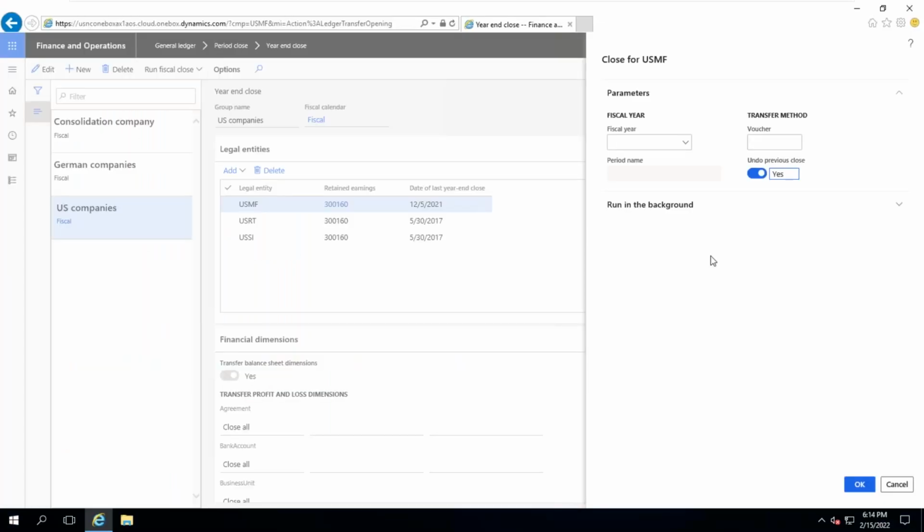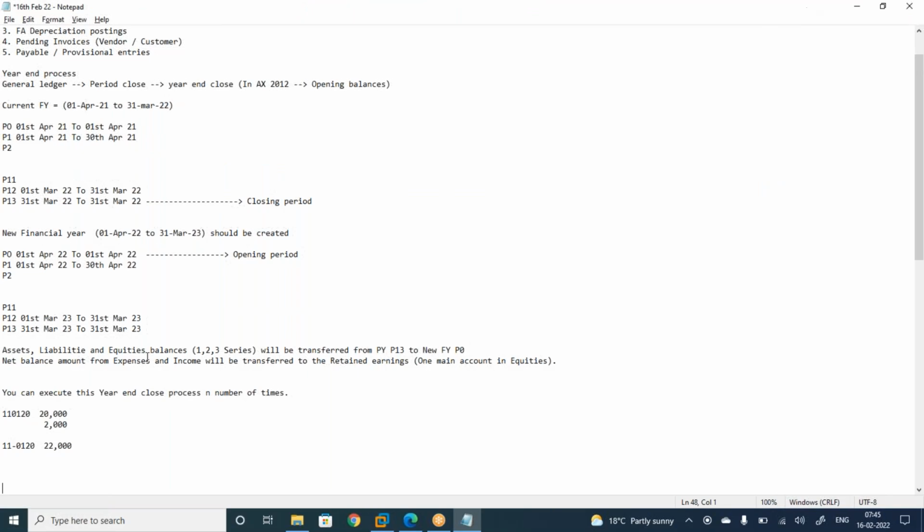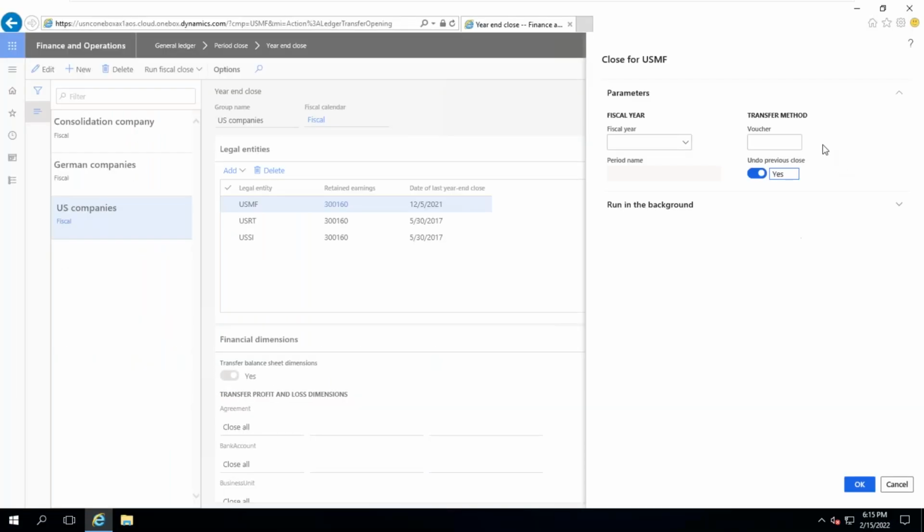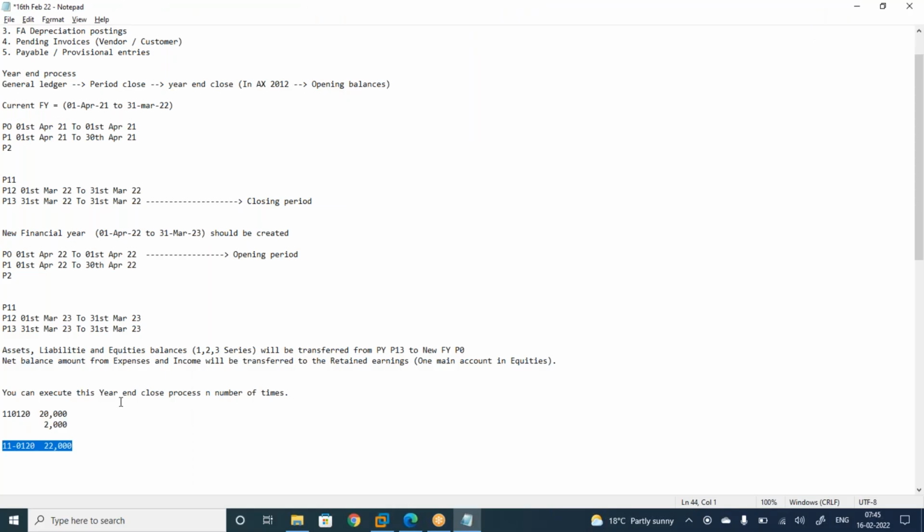If you enable this checkbox, then you will find only a single transaction with the new one. If you do not enable it, then two vouchers will be posted: earlier 20,000, and one more 2,000. Got it?